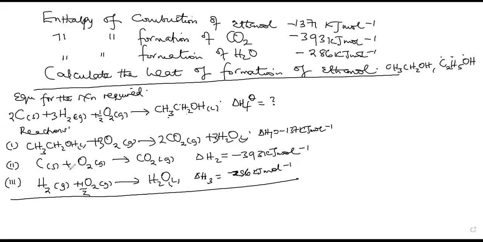After obtaining these three equations, let's see how we treat them. The first equation, compare what you have and what you were given. This one is having ethanol, and this one is also having ethanol, but on the right-hand side and left-hand side. So we shall begin by interchanging.